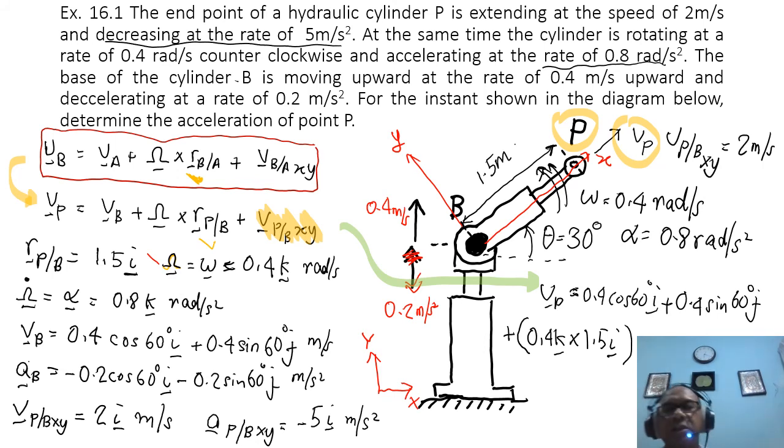And then finally, what is the relative velocity? It is VP relative to B. I've got here 2i. So my VP relative to B is 2i, so it's plus 2i.